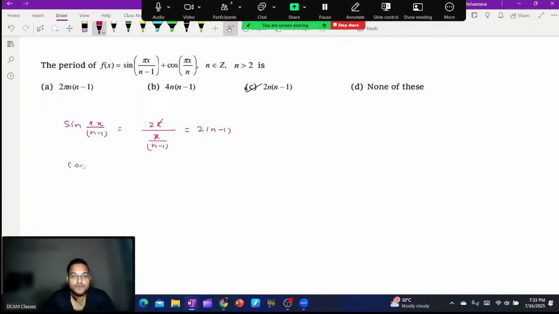Now the period of cos of pi x by n will be 2 pi by n. So it will be 2n. Now you have to take the LCM. LCM of 2n and 2 into n minus 1 is 2n into n minus 1, na?